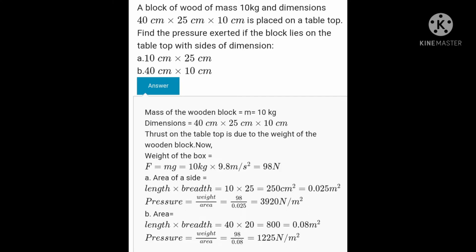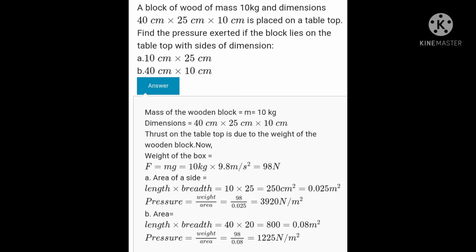Students, here the mass of the wooden block is given, 10 kg, and dimensions are given. Thrust on the tabletop is due to the weight of the wooden block. Now, weight of the wooden block, that we know, is the force exerted on the object by gravity, and we know force is equal to mass into acceleration due to gravity.